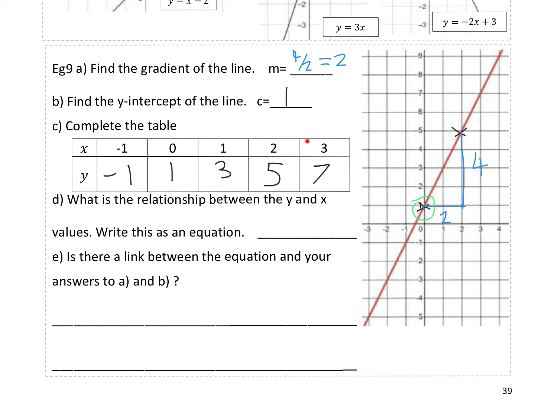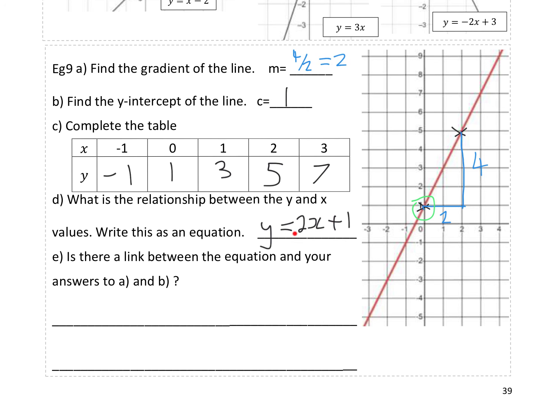How do we get from 2 to 5 or 3 to 7? Well, the link is that you have to double the x value and add 1. So for example, if you had 3 and double it, you get 6, and you add 1, you get 7. So the y value is equal to double the x value, that's x times 2, or 2x, and then you add on 1.